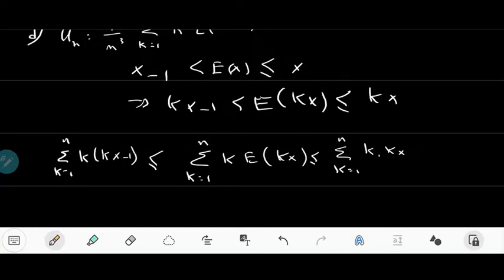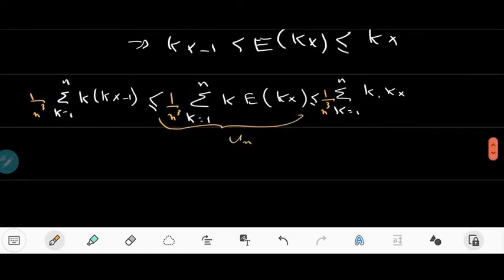We can of course multiply all the terms by 1 over n cubed to obtain un.